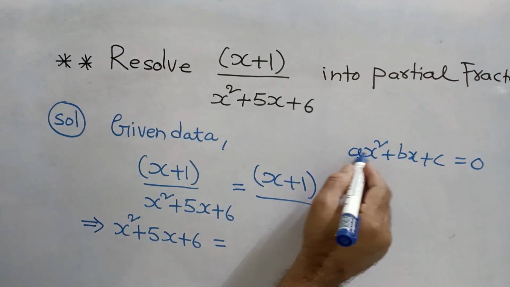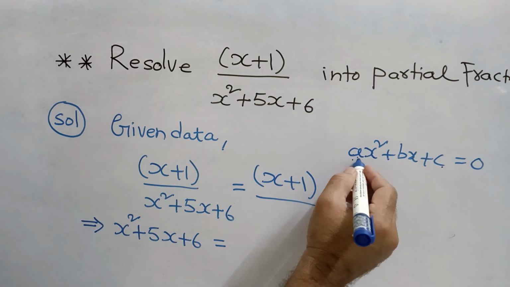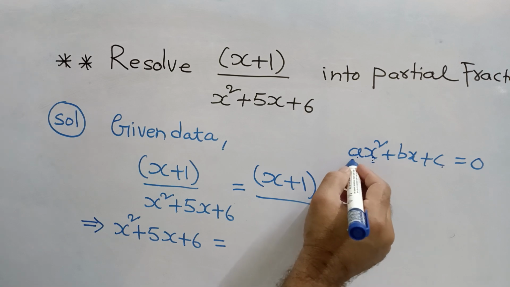Then a is the coefficient of x square, and c is the constant.